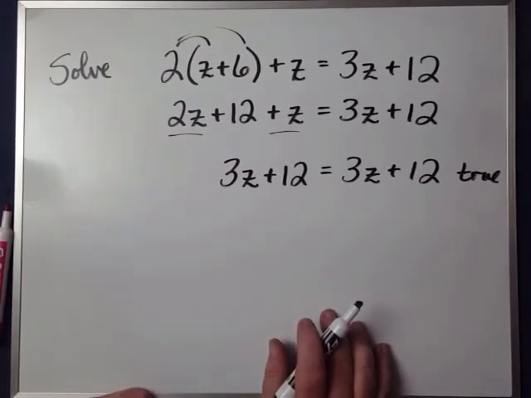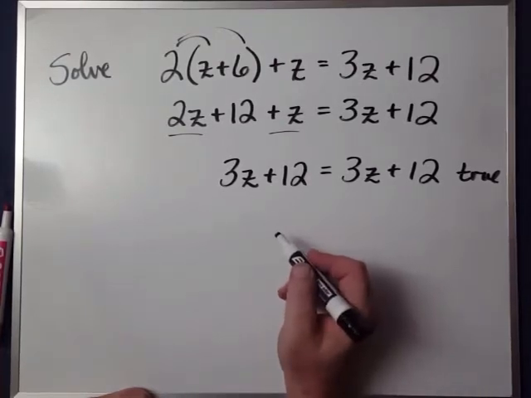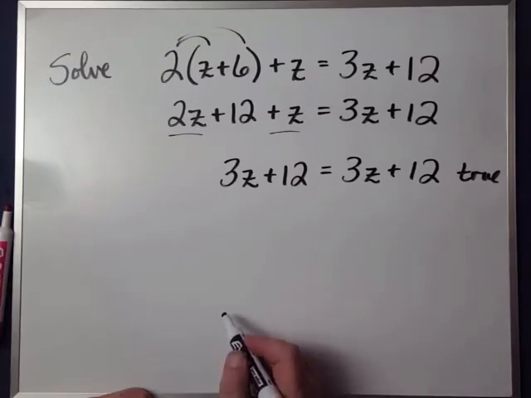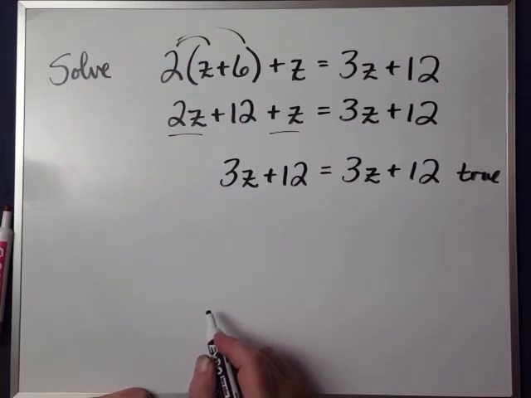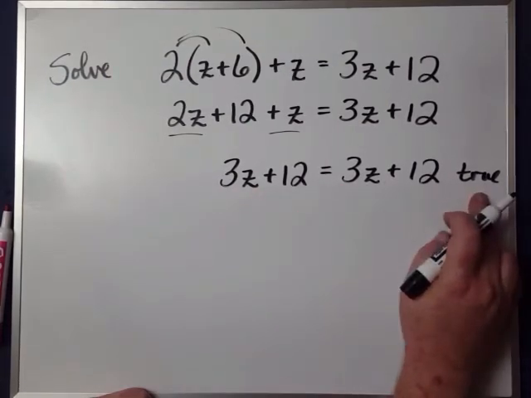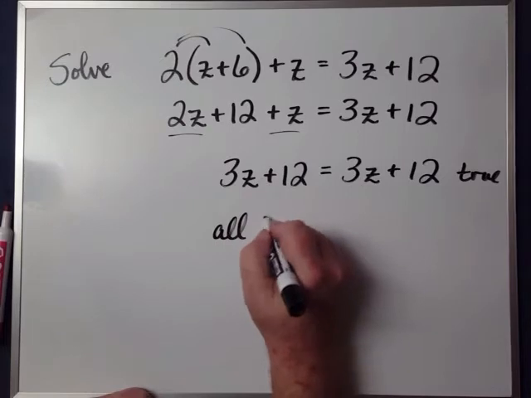As soon as I get to something equals itself, I can stop and I can say, that's true. Now, to make a claim that you have a false statement, you have to remove the variables. You have to remove the variables before you claim it's false and no solution. But once you get to something equals itself, you can claim, well, this is true for all real numbers. And so the solution set is all real numbers.